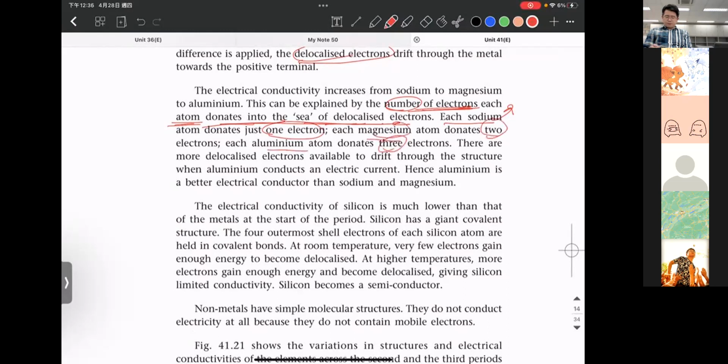Can you see that? So there will be more delocalized electrons available to drift through the structure when experiencing an electric field. So the conductivity of aluminium is much better compared with sodium and magnesium. Number 1 is aluminium, number 2 is magnesium, number 3 is sodium.